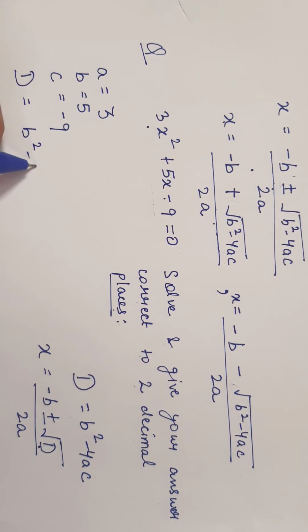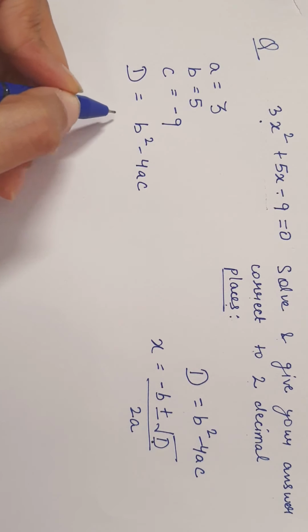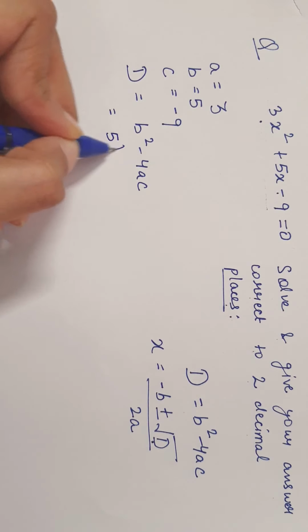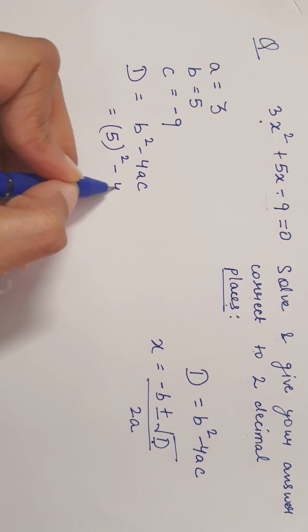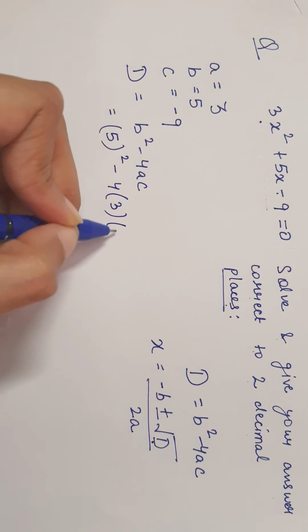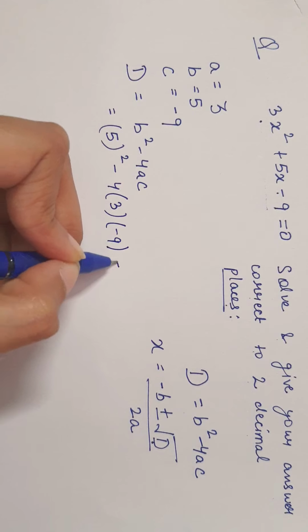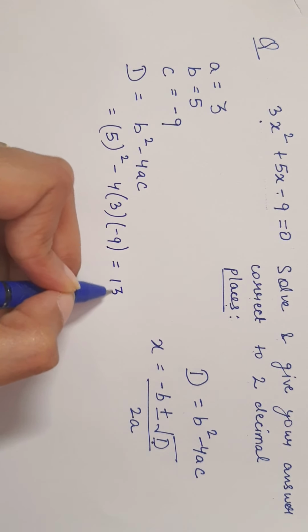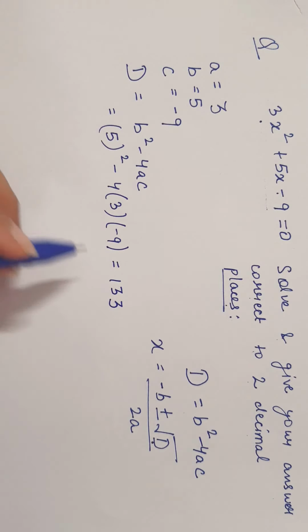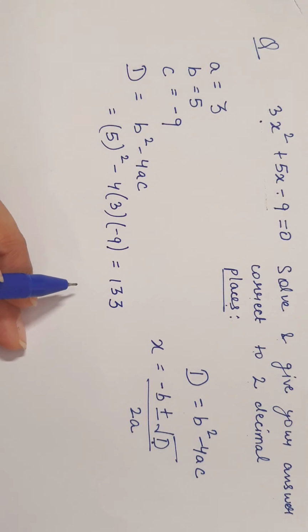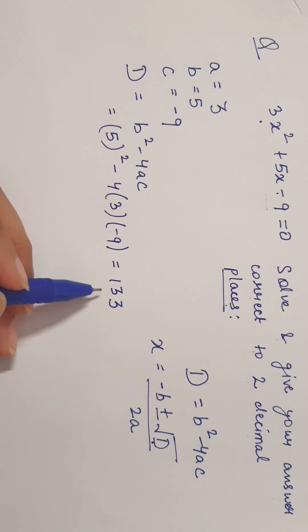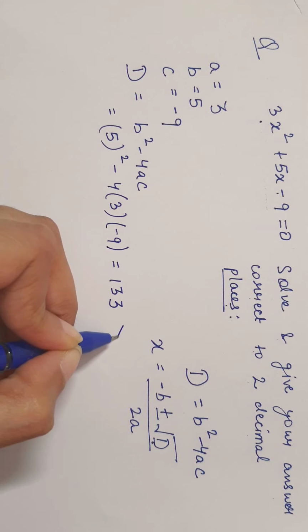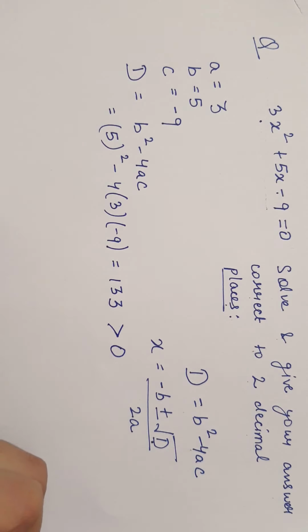b square minus 4ac, where b is 5 square, minus 4 into a into c. When you solve it, you will get 133. So if I want you to tell me the nature of the roots, are they going to be real and equal or unequal?